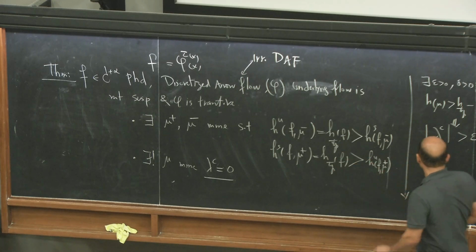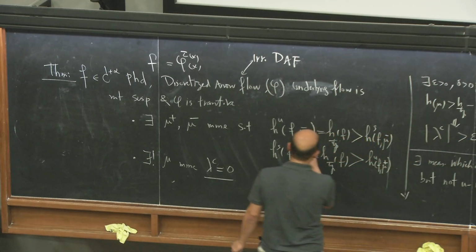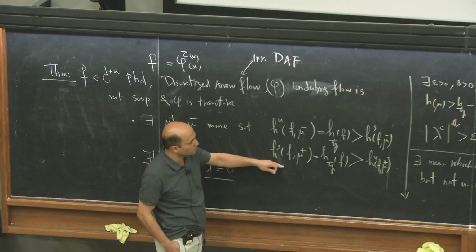This shows in particular, just to finish, that there exist measures which are MME, but not U-MME. So you have measures of maximal entropy which do not have maximal unstable entropy, as you see exactly in the statement of the theorem.